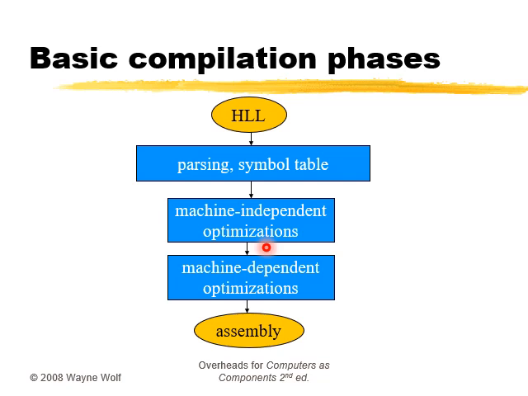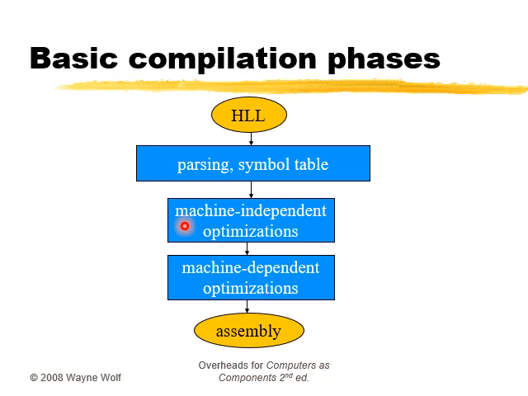Simplifying arithmetic expressions is one example of machine independent optimization. Not all compilers do such optimization. Compilers vary widely regarding which machine independent optimizations they perform.